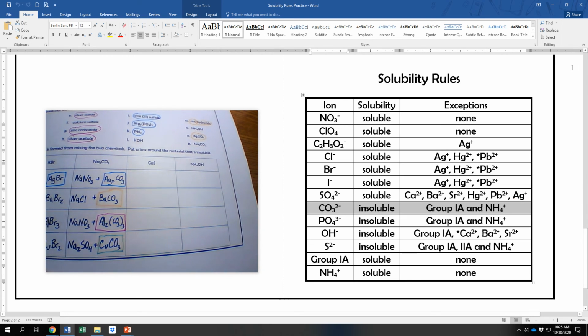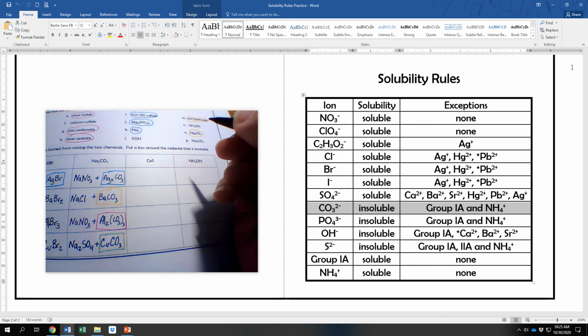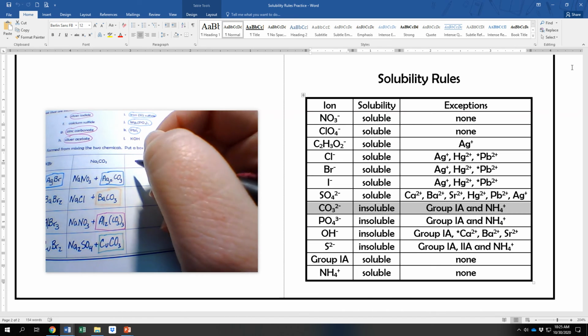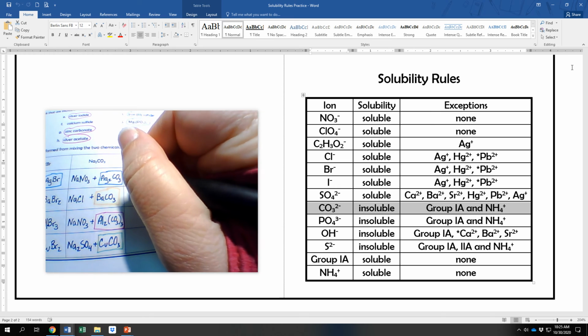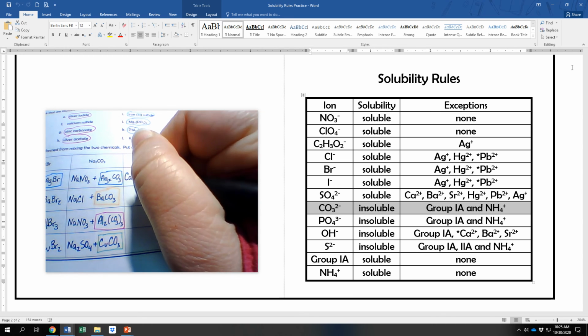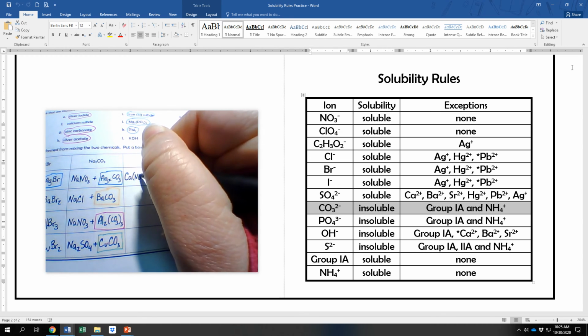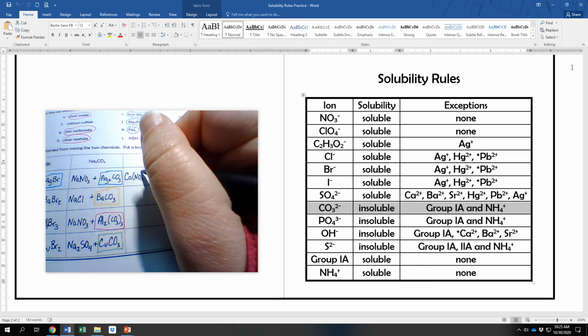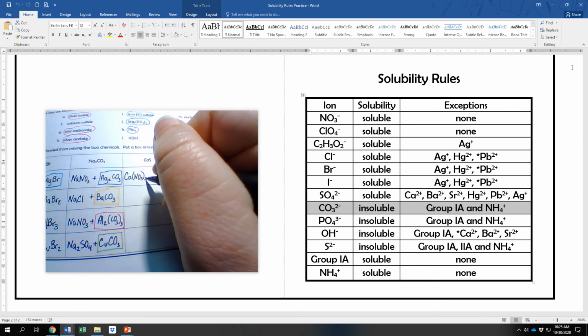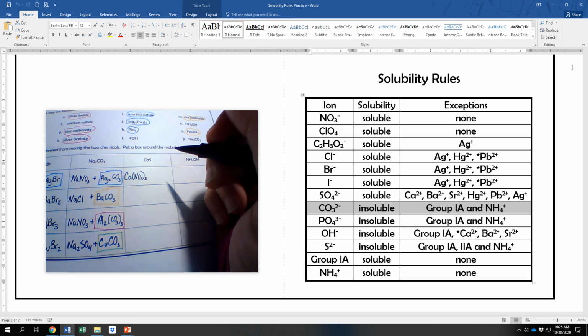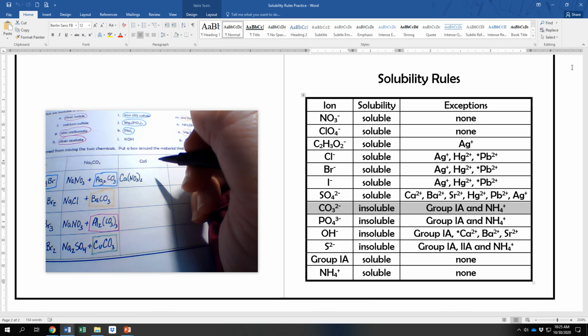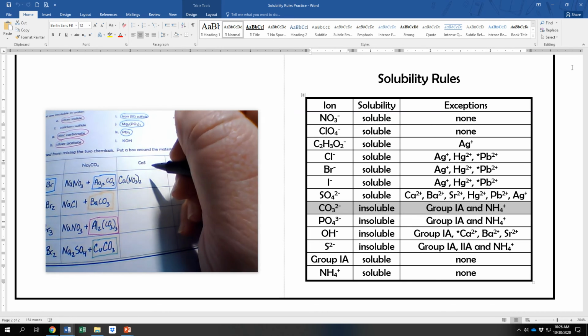Okay. Calcium sulfide and silver nitrate. So calcium is in group 2, meaning it's going to have a +2 charge. So calcium nitrate is Ca(NO3)2, because every nitrate is 1 minus, every calcium is 2 plus.